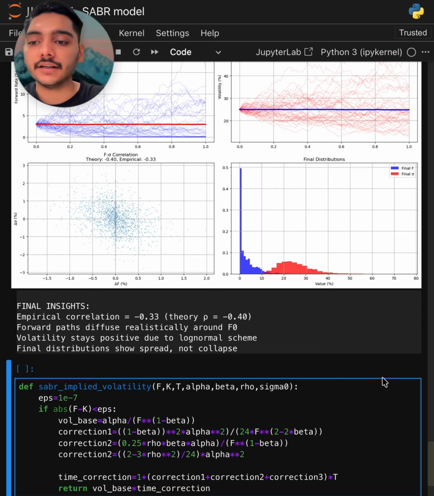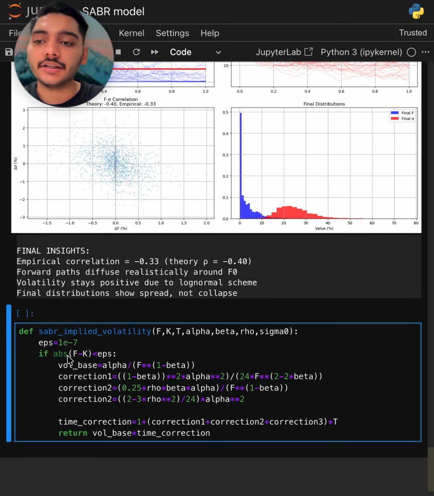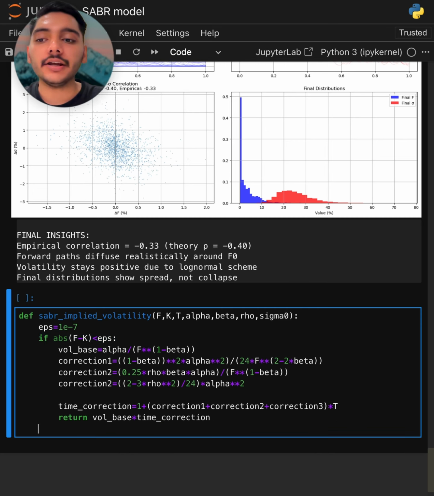This condition was for the at the money case, where f is equal to k. Now we'll write the non at the money cases, the full Hagan formula. It will be something like this.